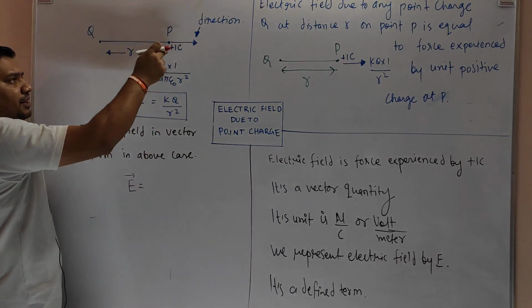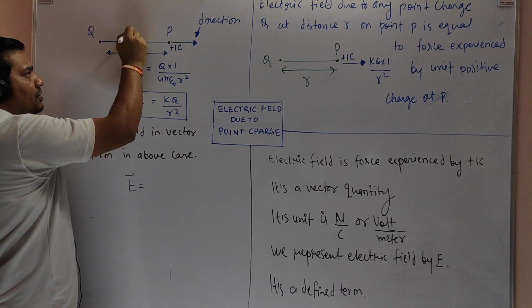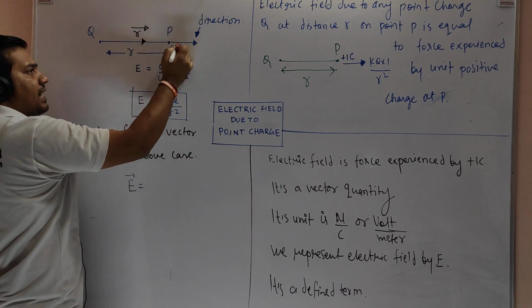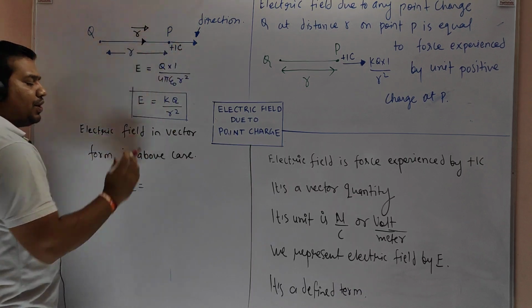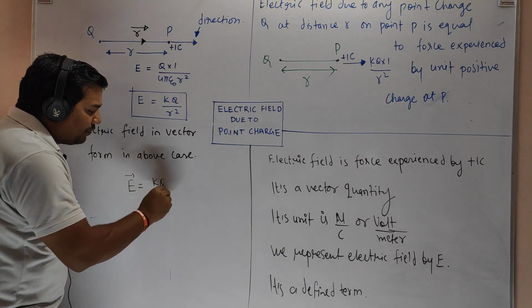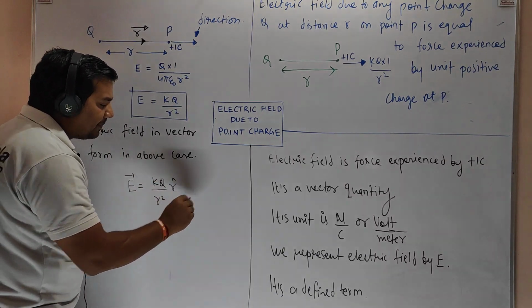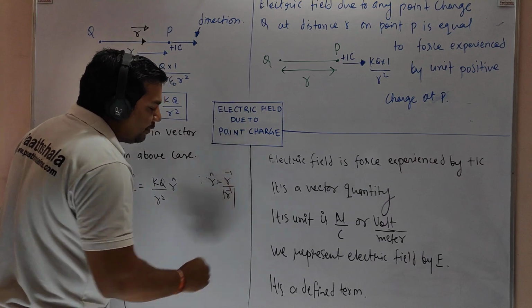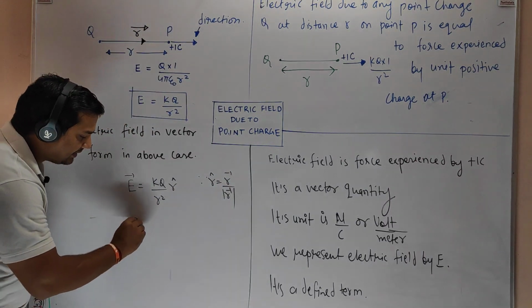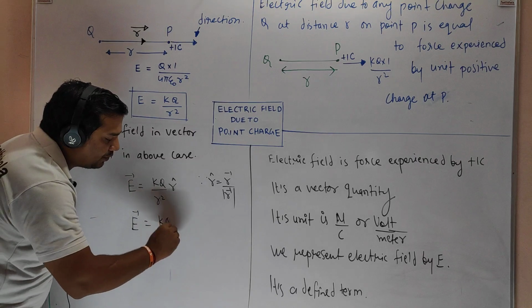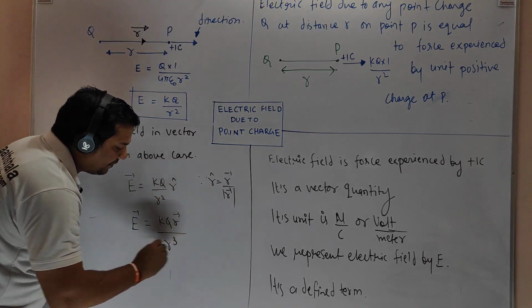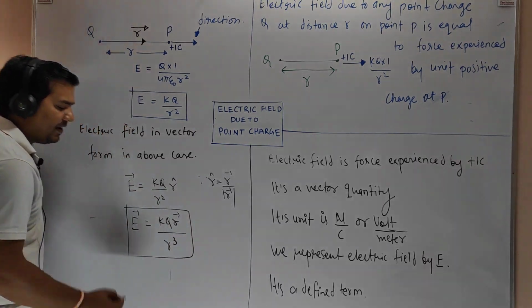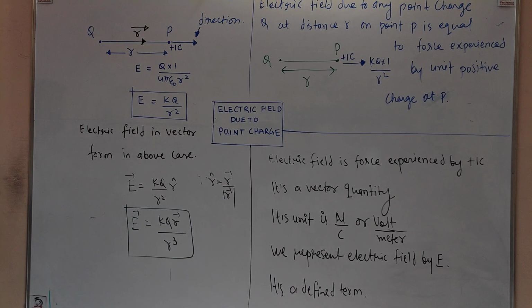The direction of electric field is along r, right? Suppose this is the direction of r. So the arrow of electric field is along the arrow of r. So we can say KQ by r square into r cap. And everyone knows that r cap is equal to r vector divided by magnitude of r. So you can write it like this: electric field is equal to KQ r vector divided by r power 3. So this is vector form. That's it.